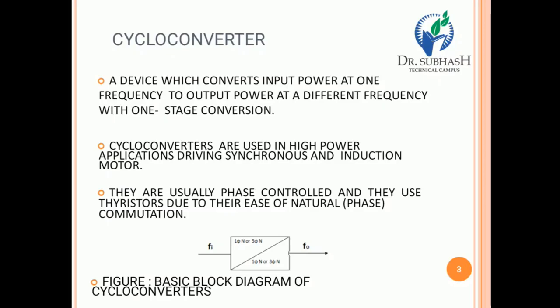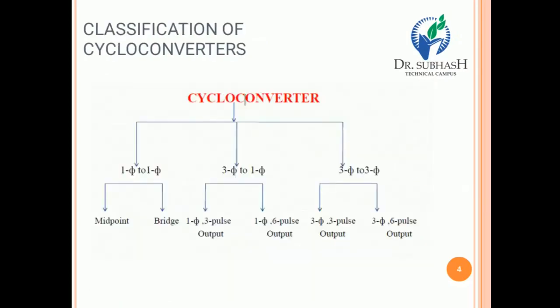Students, is it clear that the basic function of the cycloconverter is to convert the input power at a single frequency to the output power at a different frequency with single stage conversion?